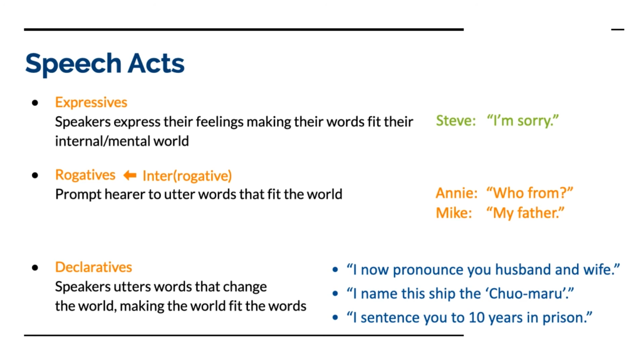It's uncertain how long he or she will have to stay in prison. But upon saying this utterance, now the criminal is sentenced to 10 years in prison. So declaratives are a very unique case of the words spoken actually changing the situation in the world themselves.